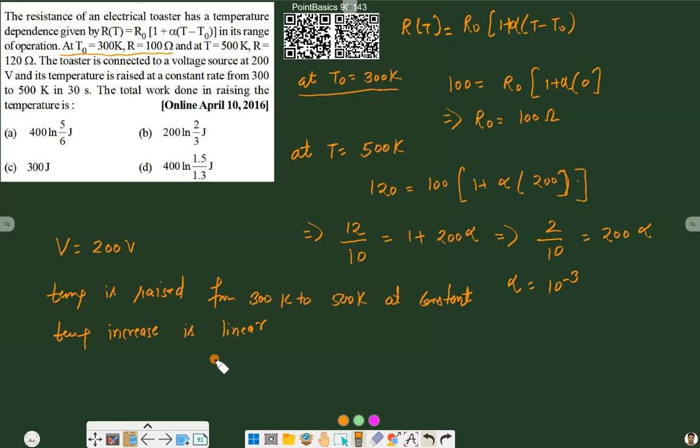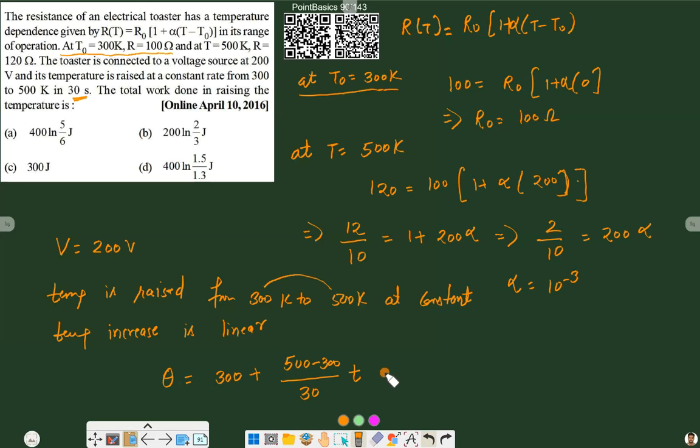Then we can form a relation between these two temperatures with the given time. So the temperature T at any time will be 300 plus 500 minus 300, that is the actual increase in temperature, divided by the time, 30 seconds, into time t.